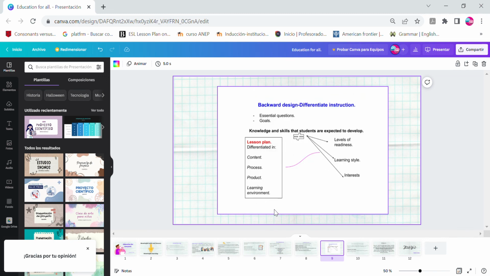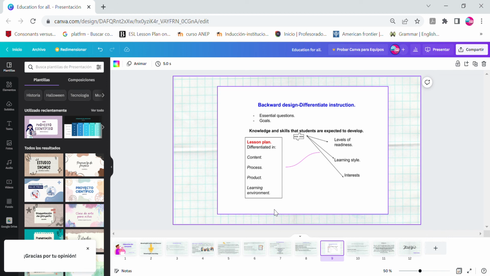Here I have created a very simple diagram about how both approaches work together. As we said, we have essential questions and the goals from the beginning, when our units or lessons are on paper, and then we have to consider the knowledge and skills that the students are expected to develop. But our students are different. They are not robots, so they have different levels of readiness, learning styles, and interests.